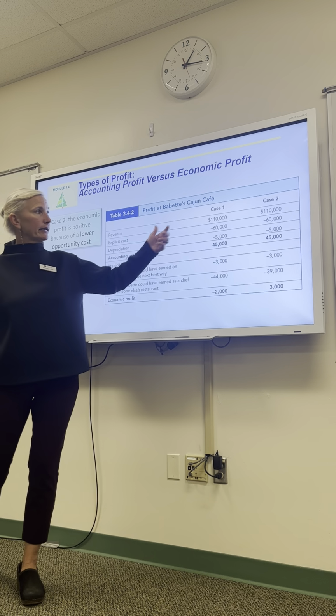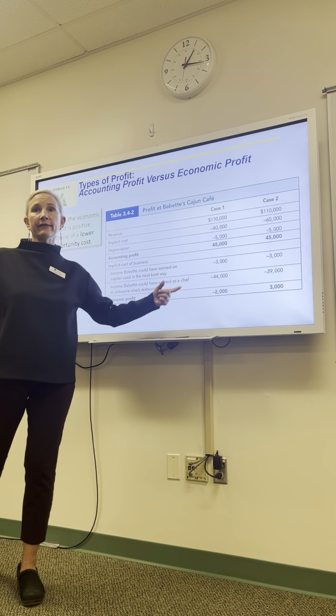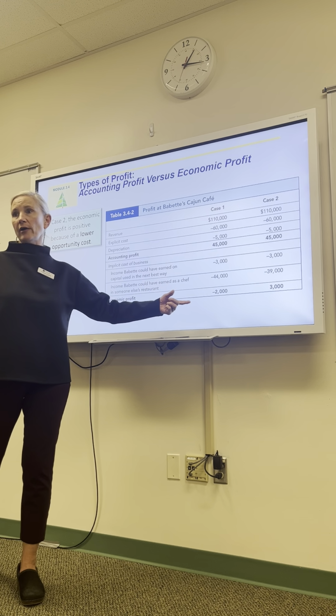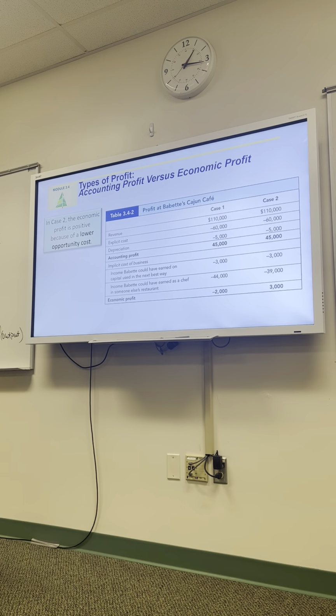So, in one case, she's profitable economically, in the other, she's not profitable economically, even though her accounting profits for both different scenarios are exactly the same. Okay. And it has to do with opportunity cost.